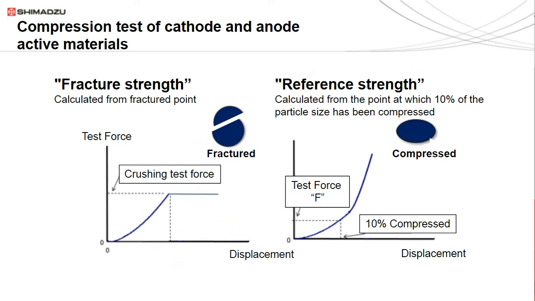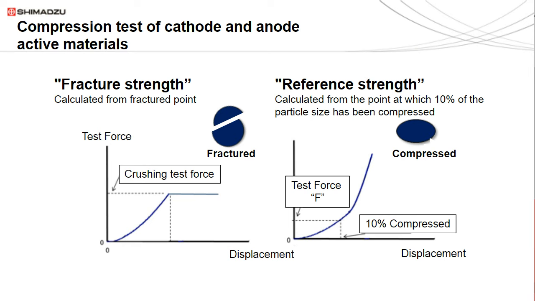In a normal compression test with an MCT, there are 2 types of strength measurements that can be evaluated. One is the fracture strength, which can be obtained when the particle fractures and an inflection point is observed on the graph. In the graph below, the vertical axis is the test force and the horizontal axis is the displacement.